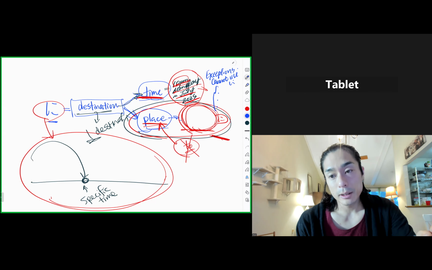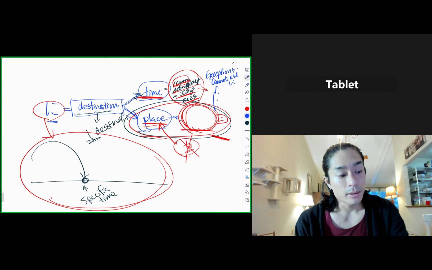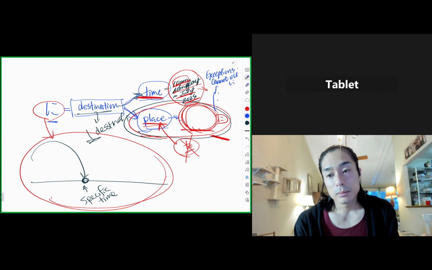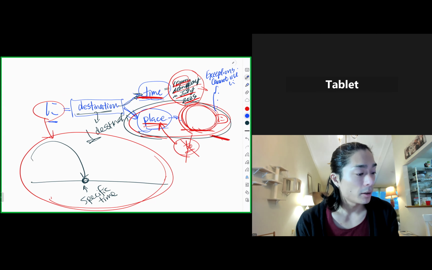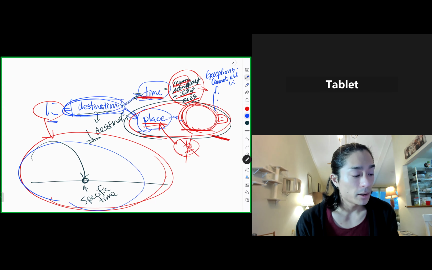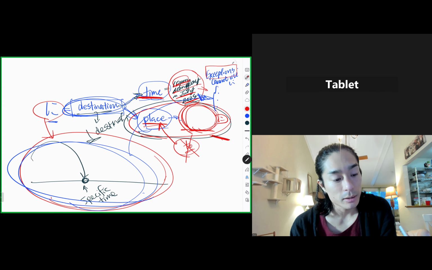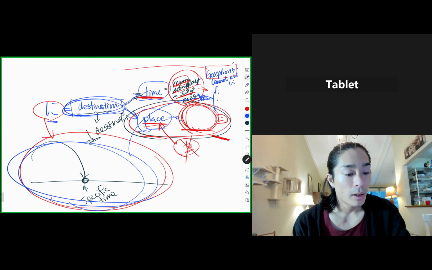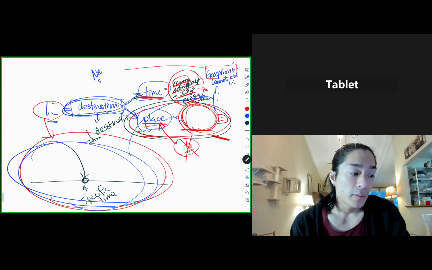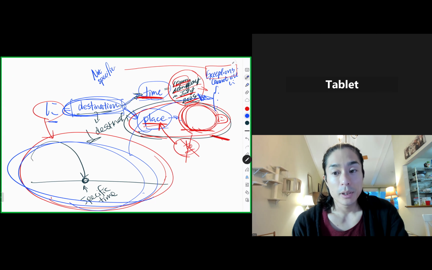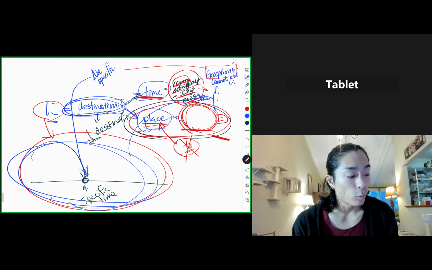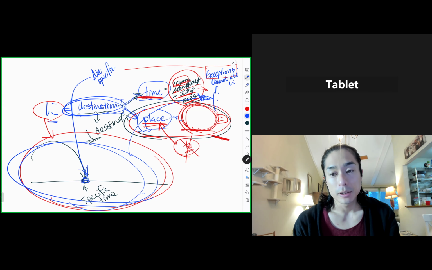And all three exceptions make sense if you know the true function of the particle, which is one specific destination. In other words, these exceptions are basically for time related words that are not specific enough. Because it's not about just one destination, we cannot use ni.